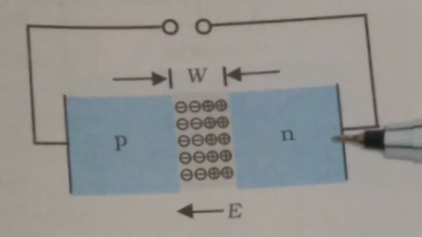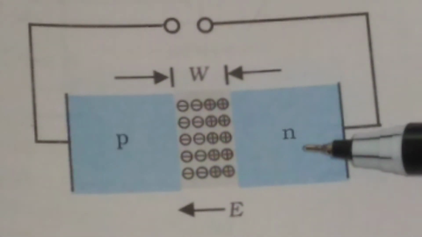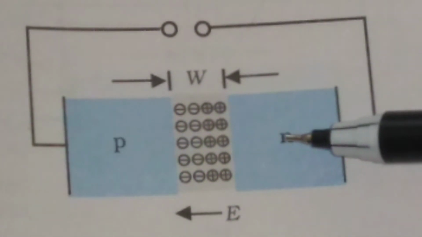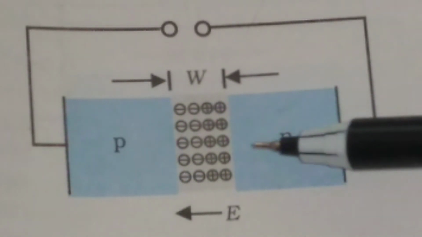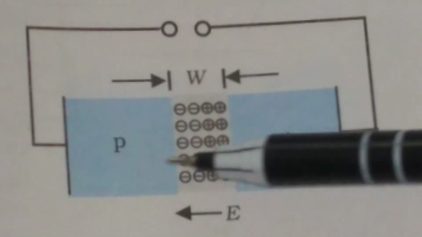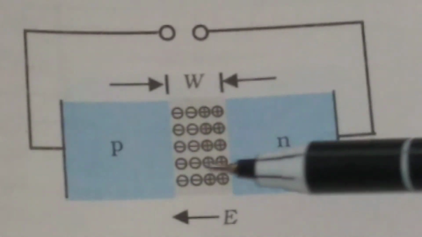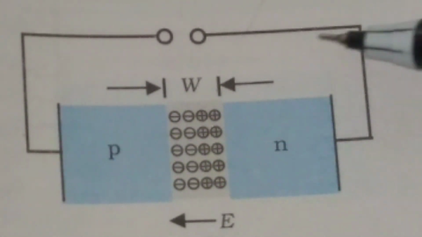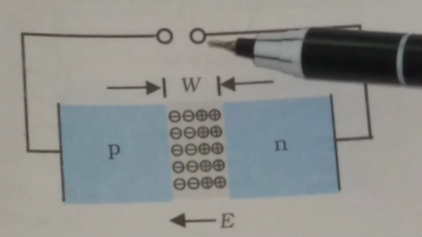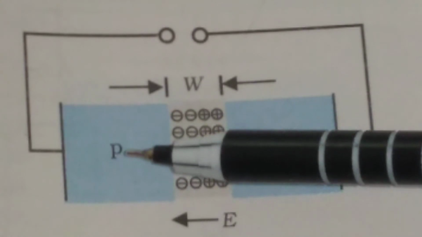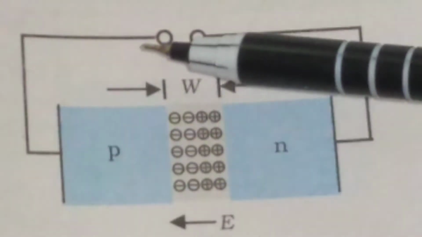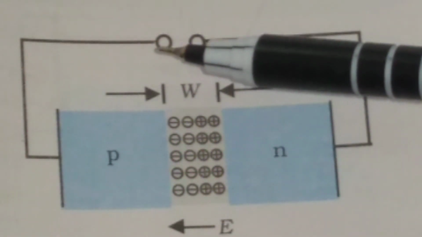You see in this figure, in the n side you have loss of electrons. Electrons move from n towards p. So a positive potential is developed at the n side. Since the p side accepts electrons, a negative potential will be developed in the p side.